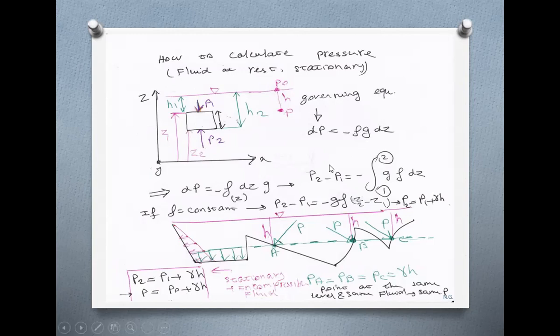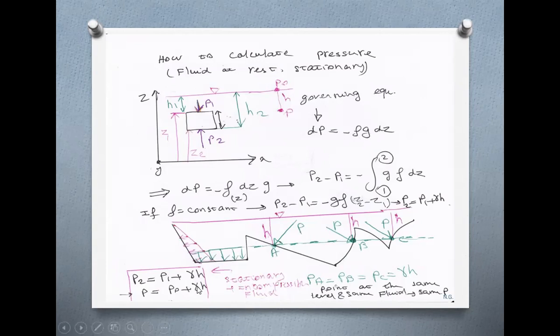In SI system, 9.8 or 9.81, or to be exact, 9.807. And in the other system, British system and English system, that is 32.2 feet per second square. In SI system, 9.8 meter per second square. Gravitational acceleration. And rho is density of the fluid.